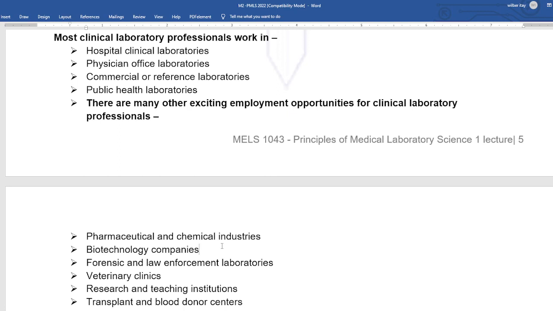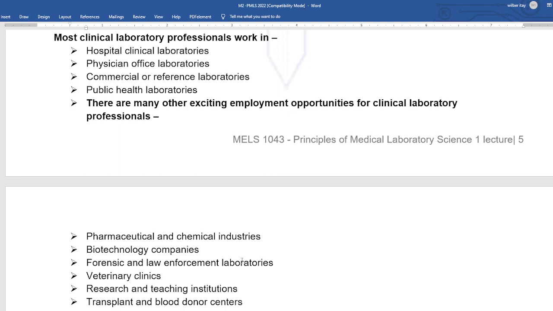Okay. Sa mga machine providers sila ng, for example, this machine is used for CBC analysis, for cancer antigen analysis. Okay, mga ganyan. For the determination of hormones. So, medical technologists work in those companies as well. Forensic and law enforcement laboratories, yes.